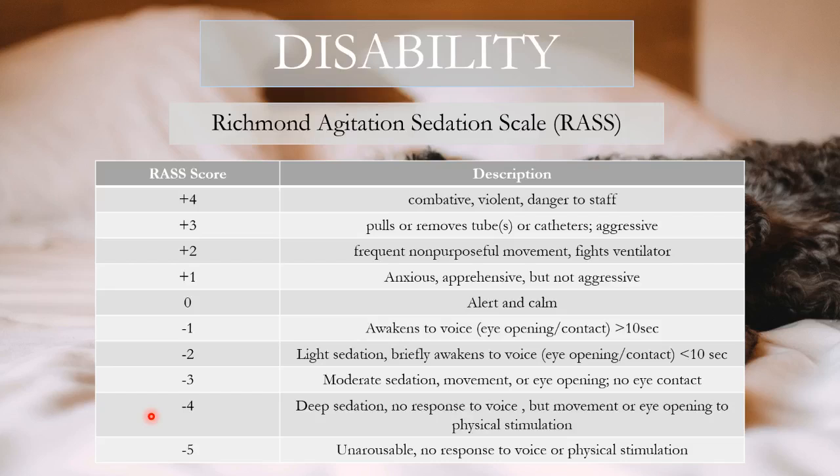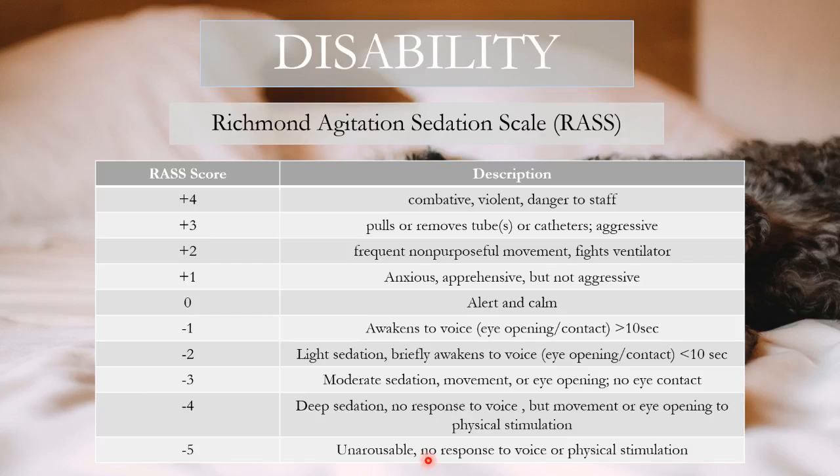It ranges from +4 to -5, and these are the corresponding descriptions. The higher the RAS, the more agitated the patient is. The lower the RAS, the less agitated the patient is, the less responsive the patient is.